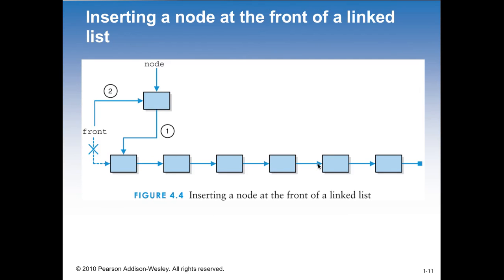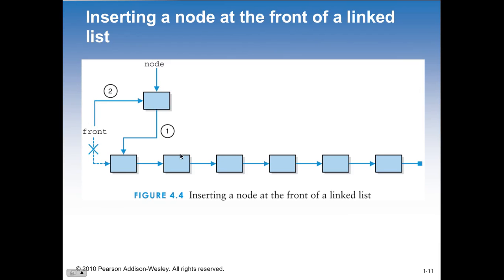Here's an example of inserting a node at the front of the linked list. A little different than inserting it in the middle. Here we have one node, and then we have another node that we're going to put here, and it means we've got to move this guy over, which means we've got to say front doesn't go to here, front goes to here now.